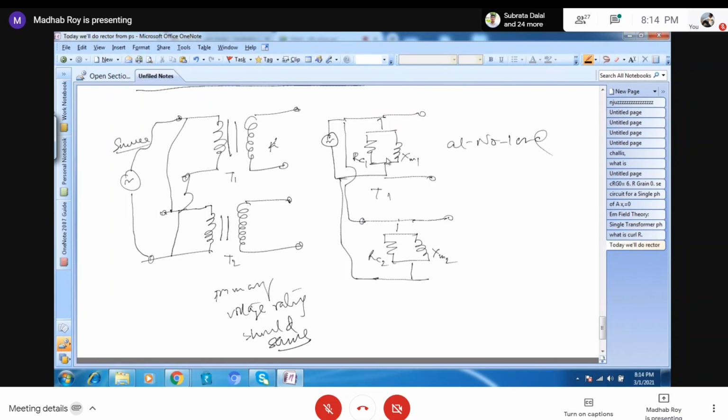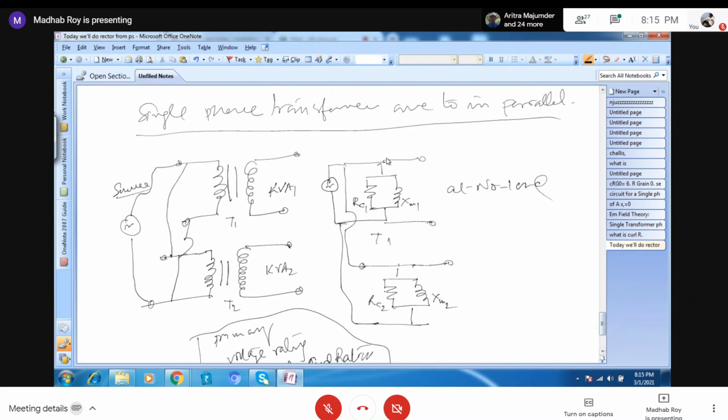Maybe it's kVA 1, maybe it's kVA 2. Another rating of the transformer is the kilovolt ampere. That may be different, but the voltage rating and the ratio should be the same for both. Otherwise, you cannot do the parallel operation of single phase transformers.